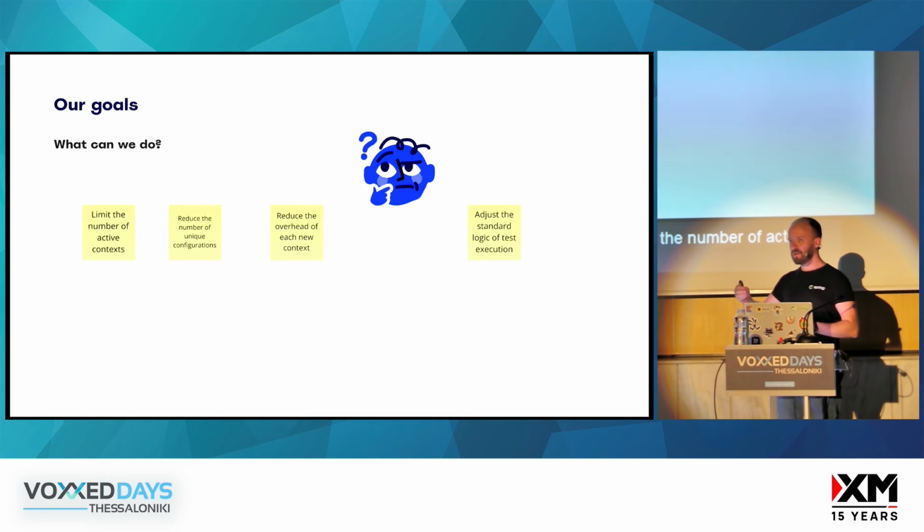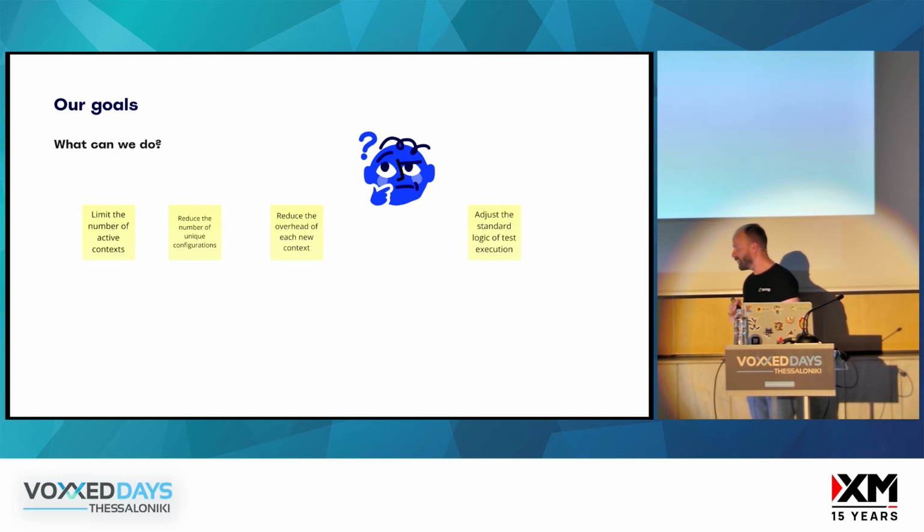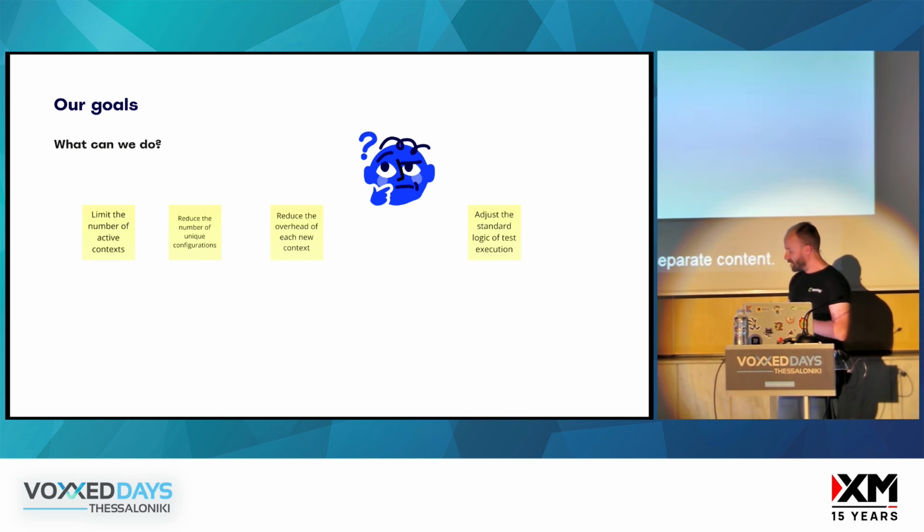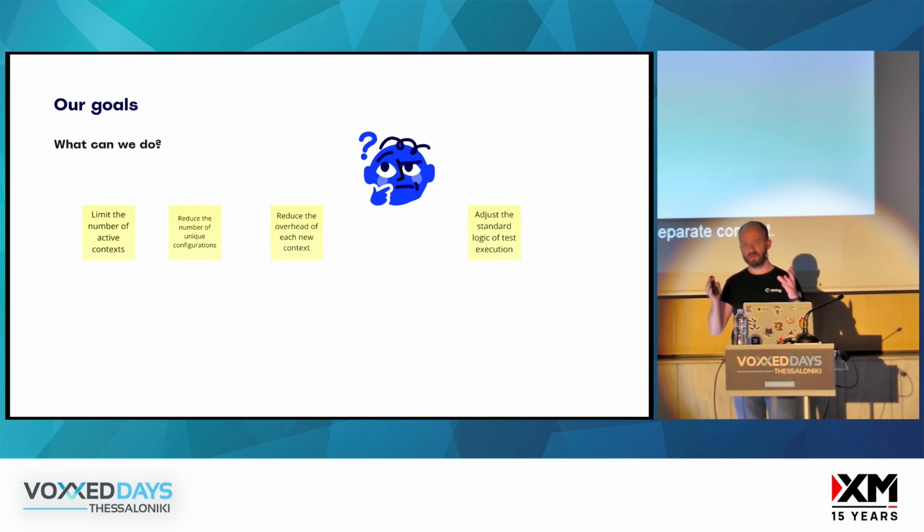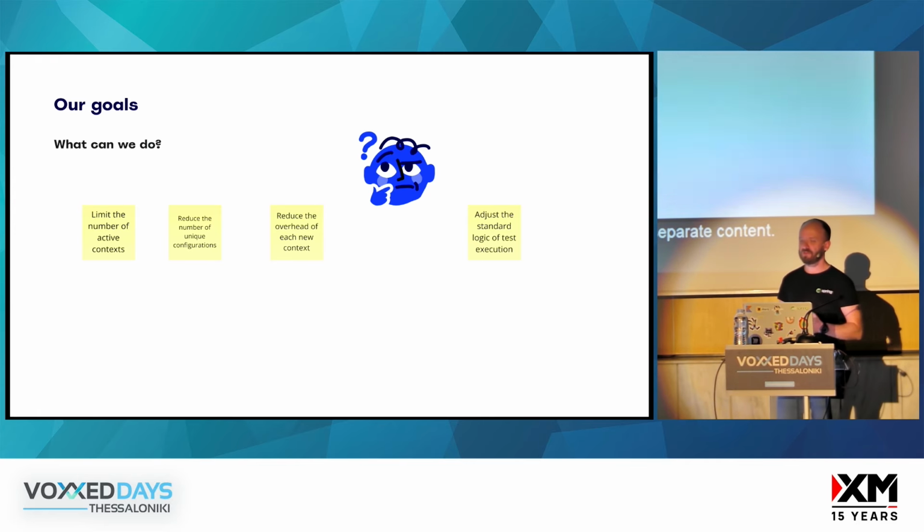Also, in some situations, we still need to create more independent configurations to test more precisely or to test some special scenarios. So ideally, we need to reduce the overhead of creating each new separate context. And the last one is, can we revisit and adjust the standard logic of test execution?